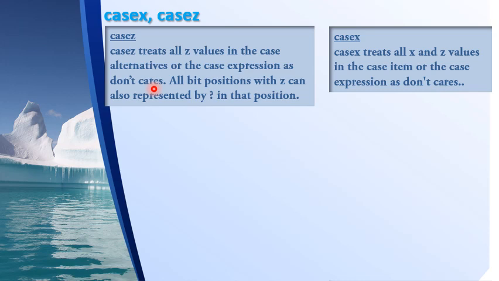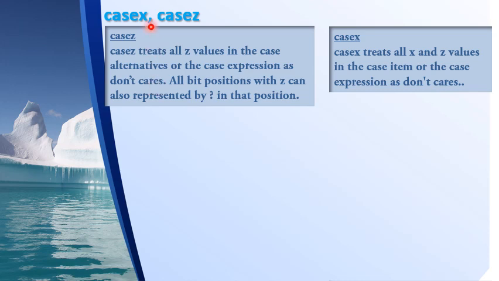We have seen the demultiplexer where in the case alternative I have given 2'b1x or 2'b0x or 2'bxz, something like this. That time it is checking bit by bit, whether the case expression is xz with the case alternative xz.